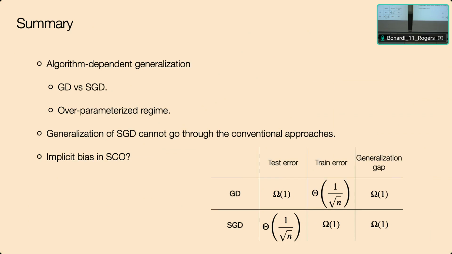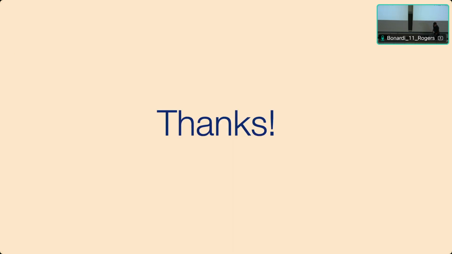Another result is that the generalization of SGD cannot go through the conventional approach of bounding the train error and the generalization gap and using the sum of both to bound the test error. And we also showed that many senses of implicit bias do not hold in stochastic convex optimization for popular gradient methods like gradient descent and stochastic gradient descent. Thank you very much.